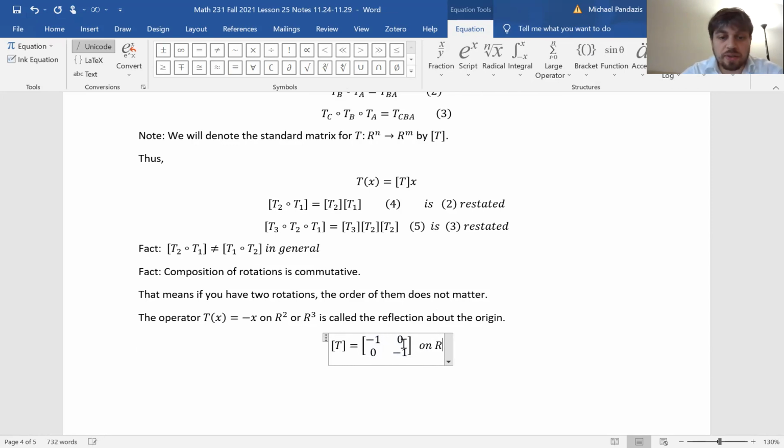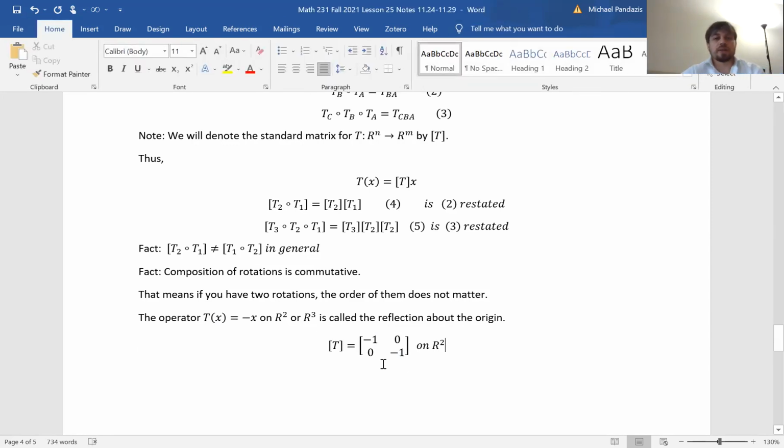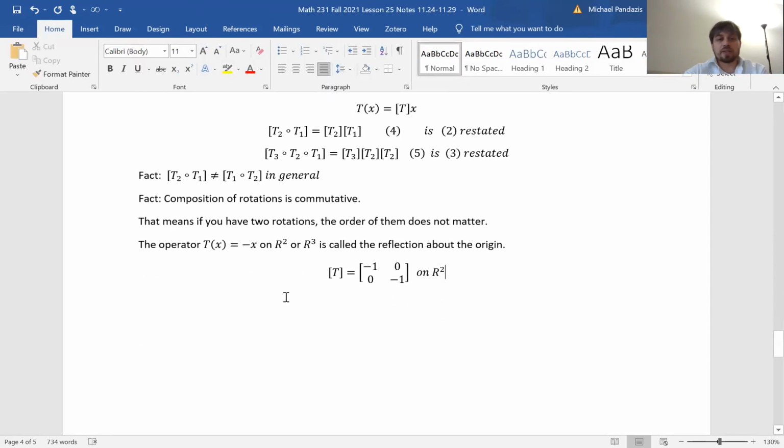Negating a vector has the effect of reflecting about the origin. So if you take the vector left multiplied by this matrix, you get the reflection of it about the origin in R2.